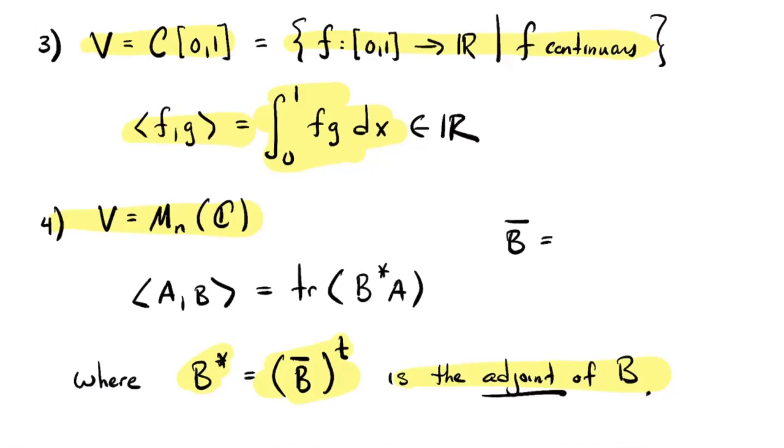So B bar is the matrix whose entries are the complex conjugates of the entries of B. I define an inner product on the square matrices by saying that A inner product with B is the trace of B star times A. There's a little bit of a mystery of why to turn it around there. Maybe this is an example we could try to verify in class. All four of these things satisfy those four axioms. They're inner products on a vector space.